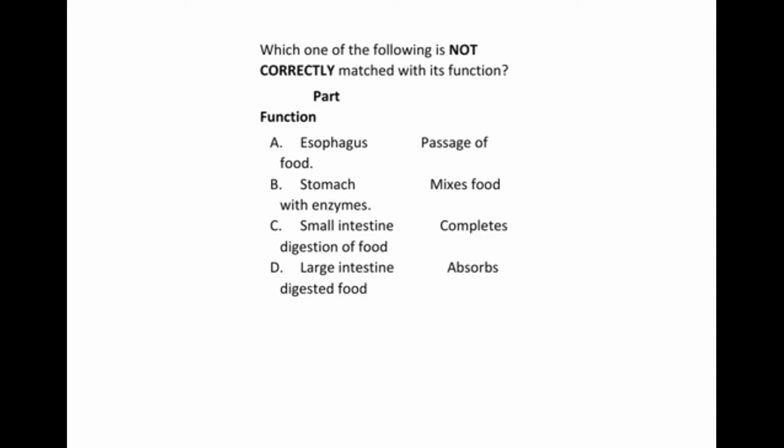We have the stomach, mixes food with enzyme. We have small intestine, completes the digestion of food, and then we have large intestine, absorbs digested food. So here we need to have all those parts.